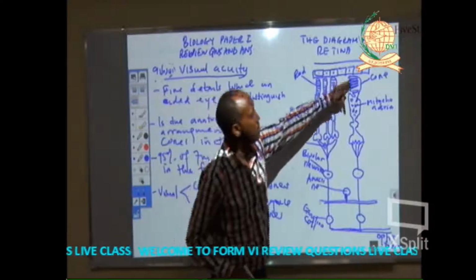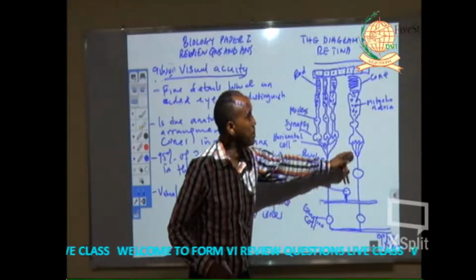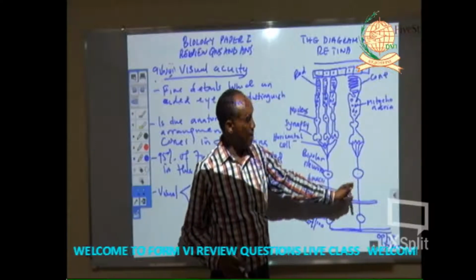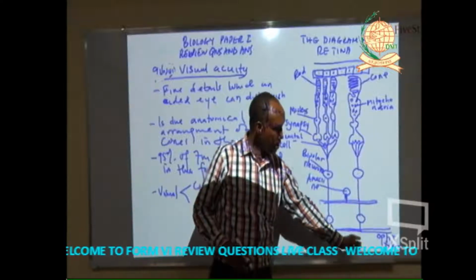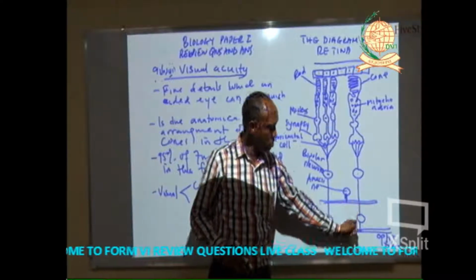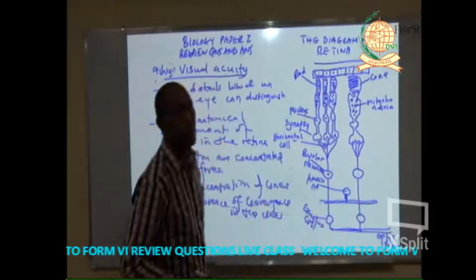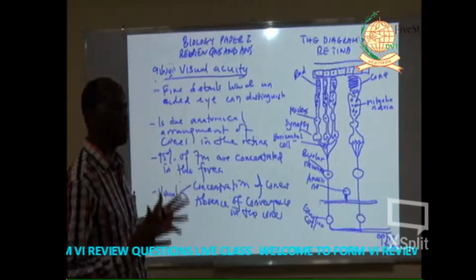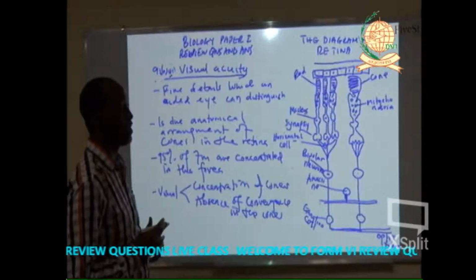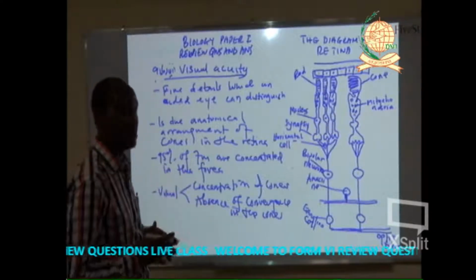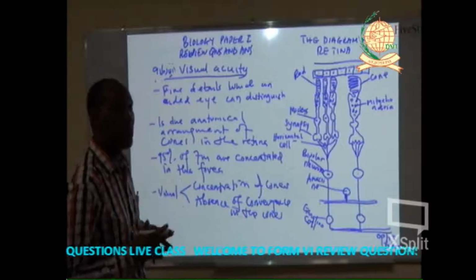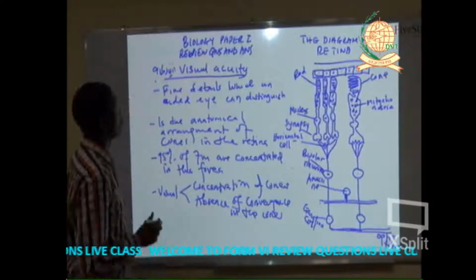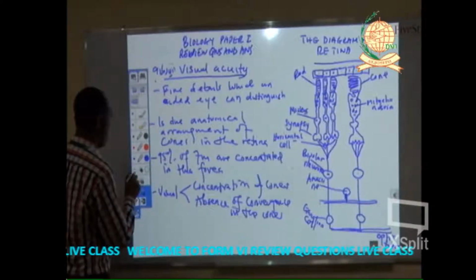On the cones, this side, you can see there is no convergence. It is one cone which is connected to the bipolar neuron, to the sensory neuron, to the optic fiber. That is absence of convergence. So it needs stimulation which is enough to produce the action potential and make you see things clearly, not blurred. So that is about it.